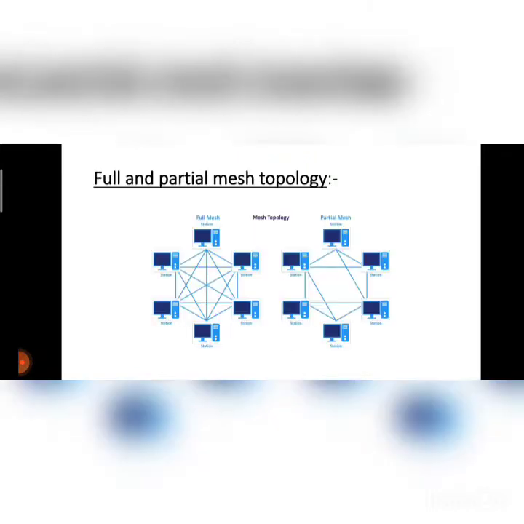There are two types of mesh topology, that is full and partial mesh topology. In case of full mesh topology, all the computers are connected with all other computers. But in case of partial mesh topology, there will be some computers which will connect to only 2 or 3 devices.